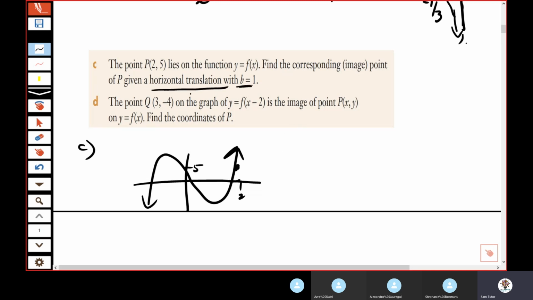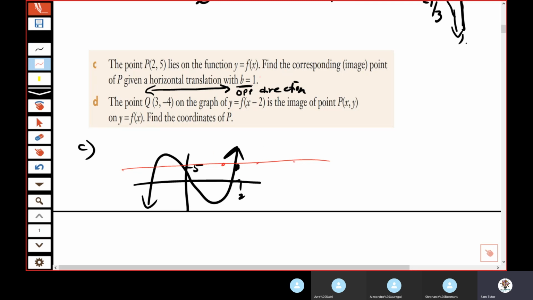Okay, so if it's a horizontal translation, we know we're going left and right, and we know we're going left and right in the opposite direction. We know that the y value will not change, so this will always be on this line. It will be here somewhere, or here, and you get the idea.